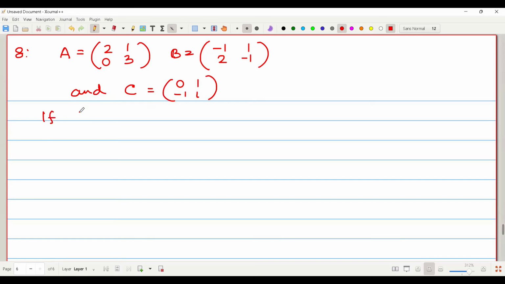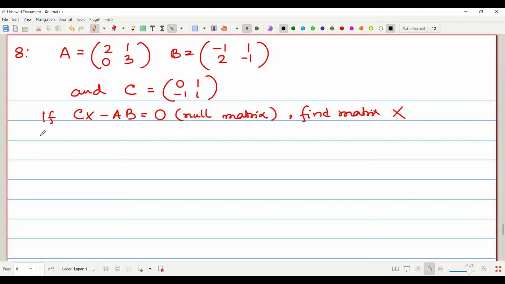The question is, if CX minus AB is equal to O, a null matrix, then find matrix X.